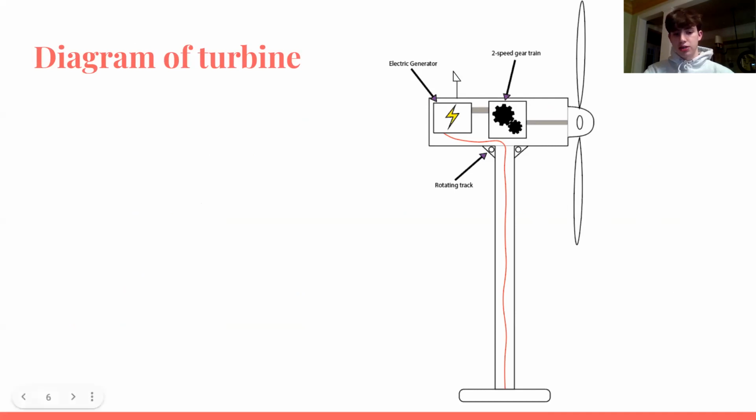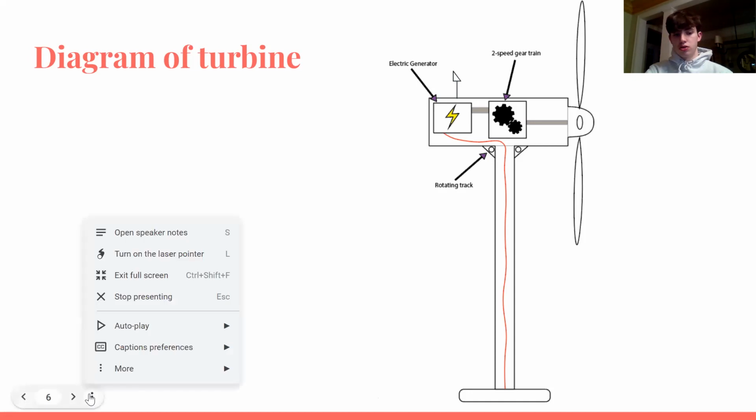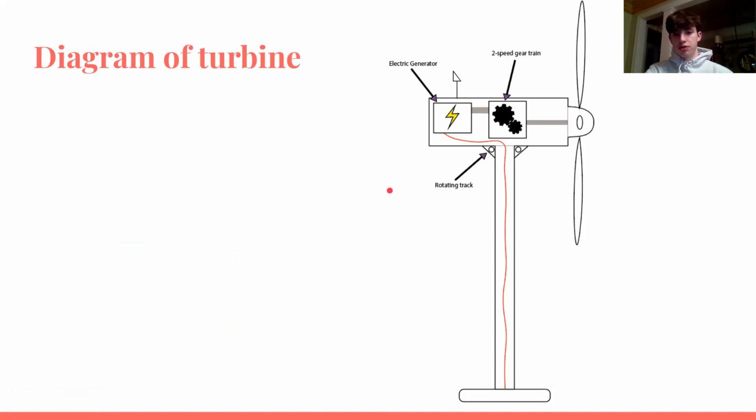So you can kind of imagine that the red part on the base is the OSB board, which connects to the tower. The tower connects by a motorized ball bearing right here. So this is the OSB baseboard.